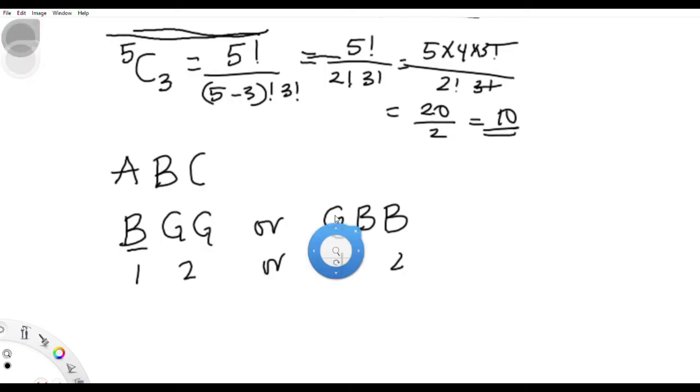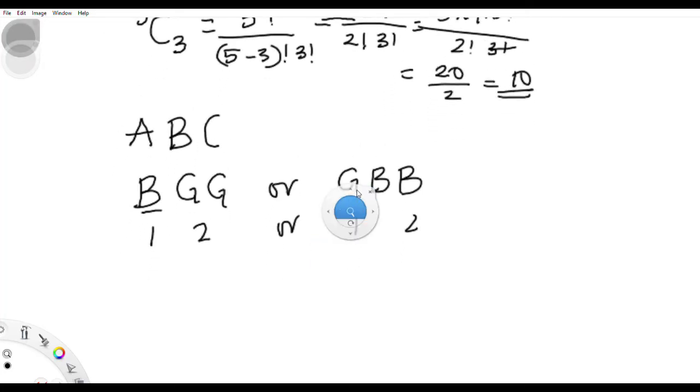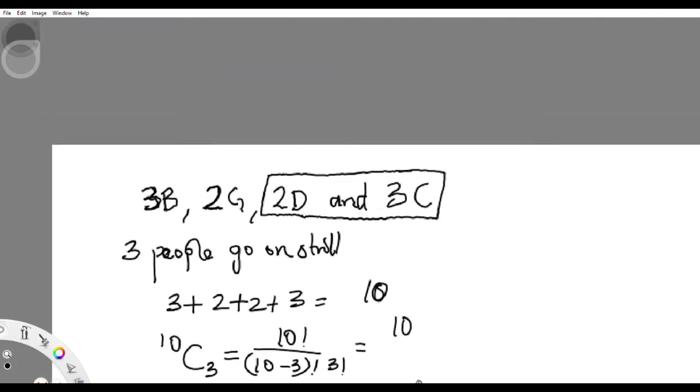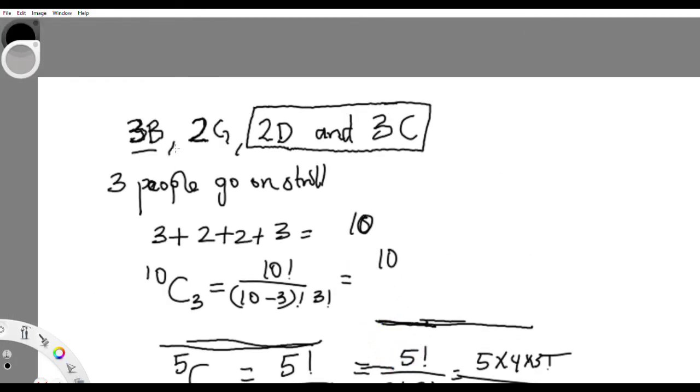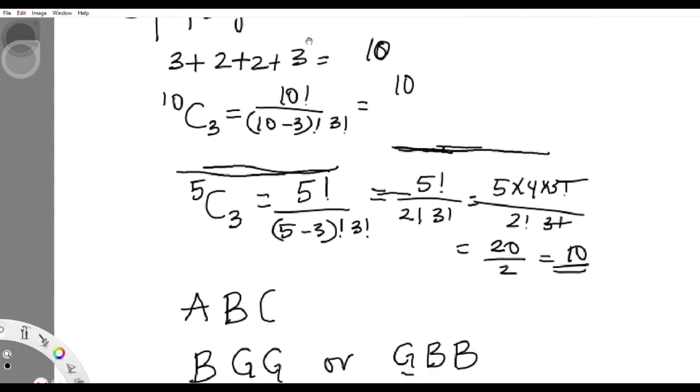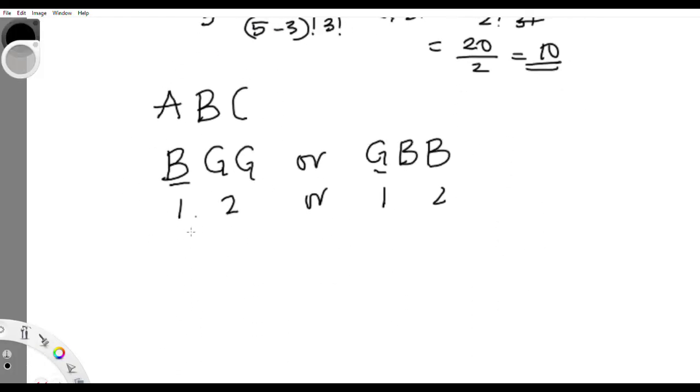Now we're going to solve for this. Remember, you have 3 boys, you have 2 girls. Okay, 3 boys, 2 girls. Now solving for this one, remember we are not double counting in this way because they are entirely different. Boy, girl, boy, they are entirely different. So we are going to solve for each of the possibilities. So we have 3 boys and 2 girls, right?